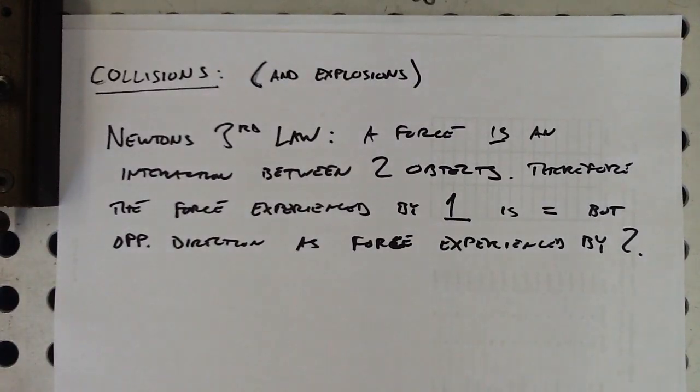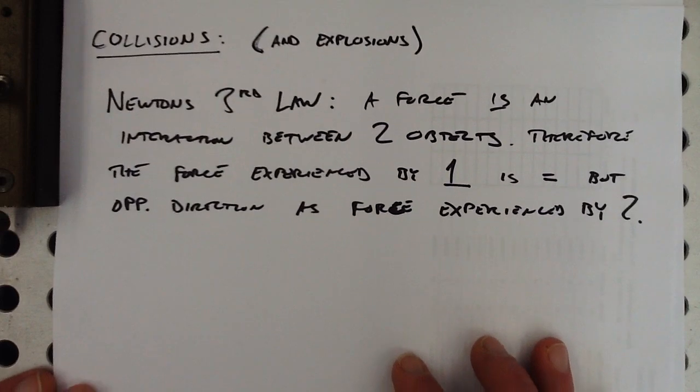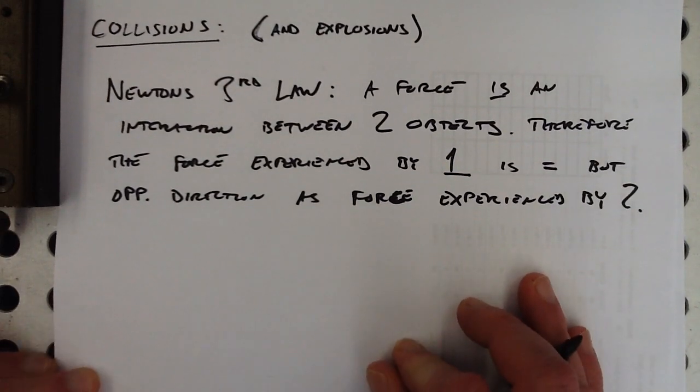It's got to be equal and opposite. Why? Because it's the same force. There's only one force. So you can't have a different amount if there's only one interaction.